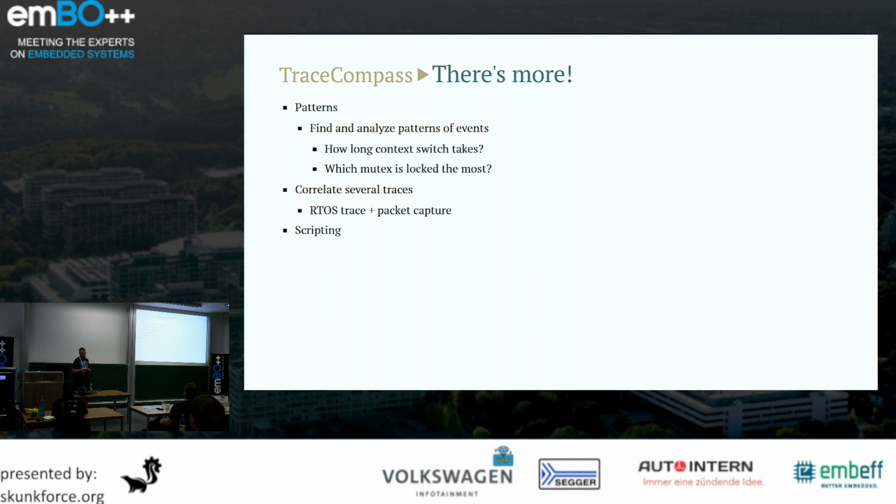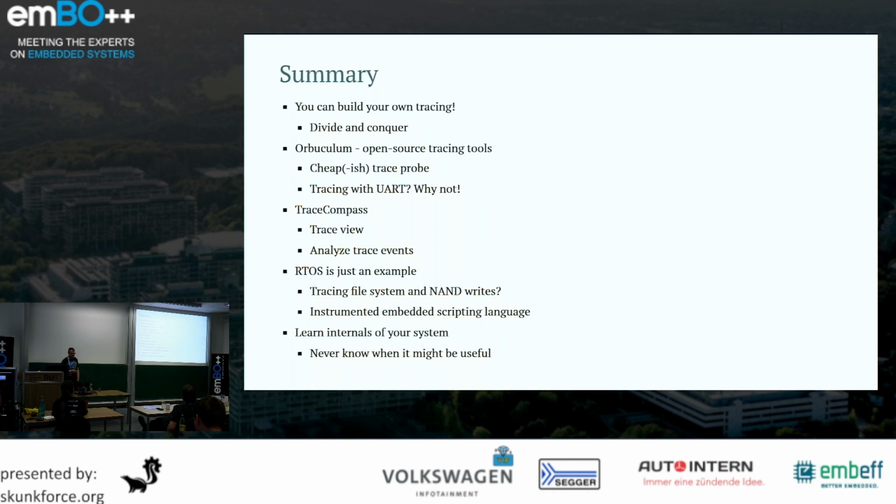You can also write scripts for TraceCompass using Python or JavaScript. In scripts, you can build your own analysis, your own state providers, and define views. I tried it, but it was not that great. But I'm hoping that it will improve in the future.